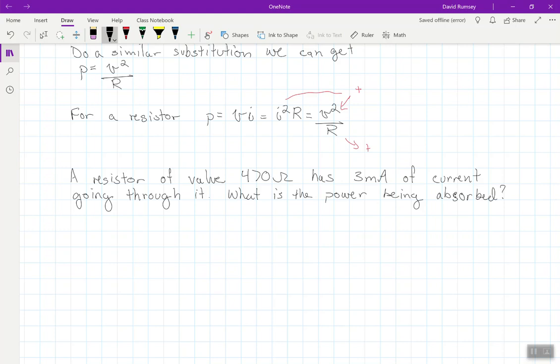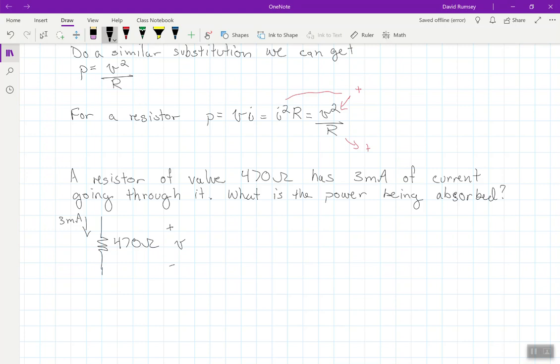Okay, a resistor of value 470 ohms has 3 milliamps of current going through it. What is the power being absorbed? Now, again, it's not really necessary to draw any kind of circuit diagram for this, but I like to get in the habit of doing it. So we've got a 470 ohm resistor, we've got 3 milliamps of current going through it, and if we wanted to emphasize the voltage here, it would be plus minus V.